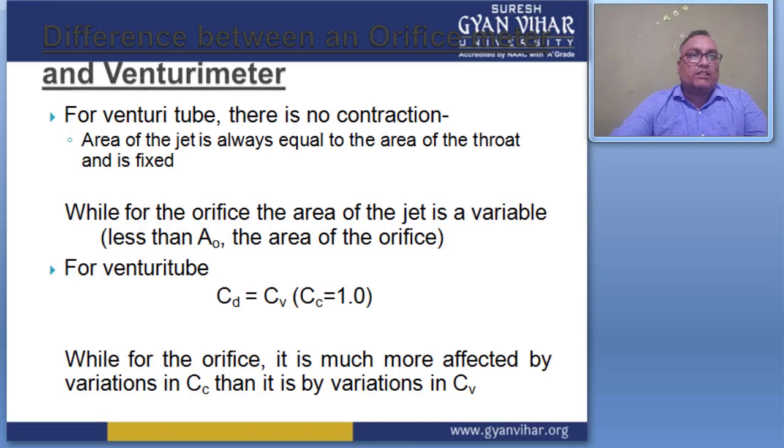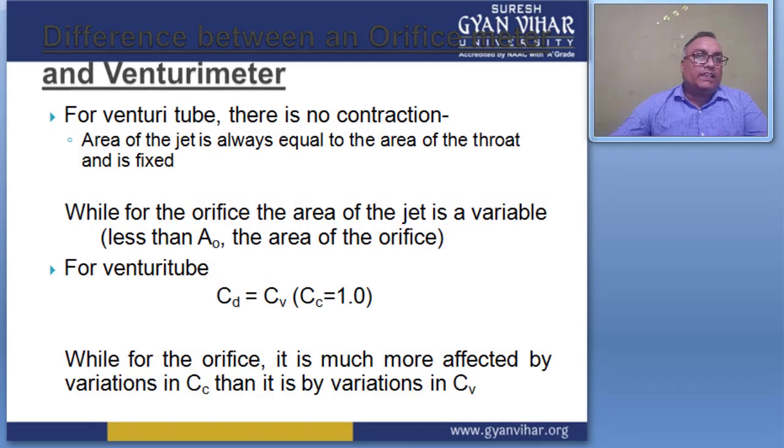For the venturi meter tube, there is no contraction, and the area of the jet is always equal to the area of the throat.